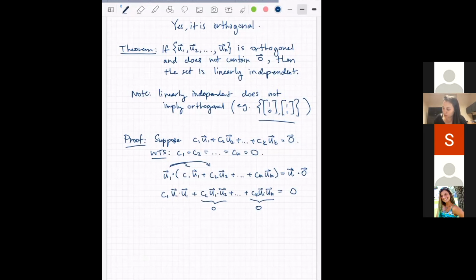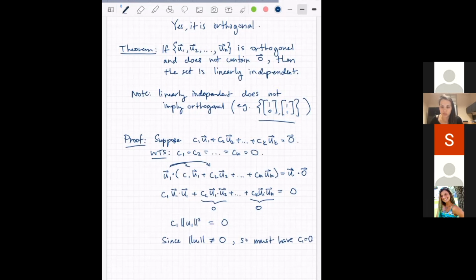So what do we get? We get c1 times the norm of u1 squared is equal to 0. So since u1 is not the 0 vector, the norm of u1 is not equal to 0, so we must have that c1 is equal to 0.